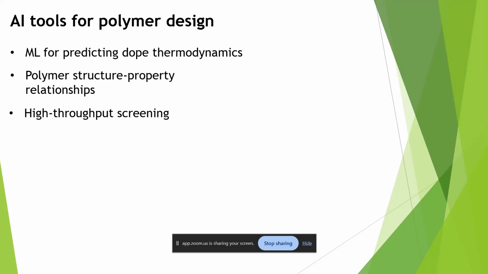I know that, that's why I purposefully kept this slide here, so that many people are working on the prediction of thermodynamics using machine learning models, and polymer structure and property relationships are also being done very successfully recently. And this high throughput screening is an AI method which has been seen developing in the last 2 years.